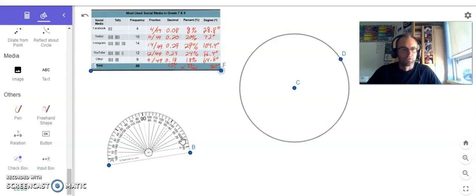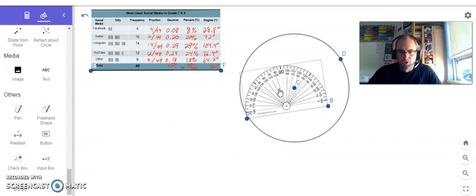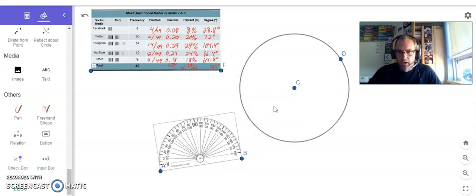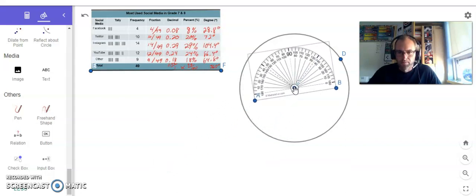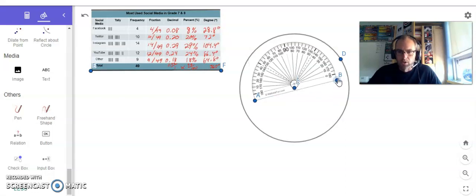Okay, so I'm using GeoGebra here. So I've got my protractor, and when you have your circle drawn out and you've located the center of your circle, you always want the middle of your protractor on the center of your circle. Then I'm going to start at any point.